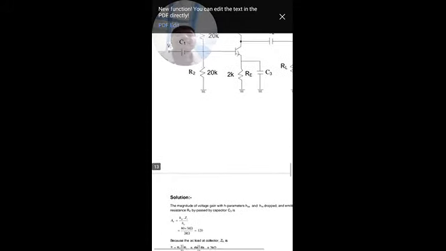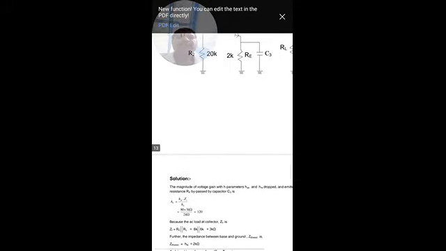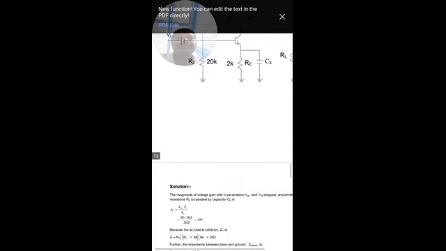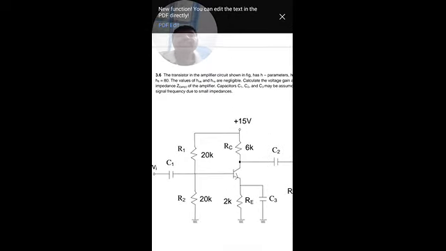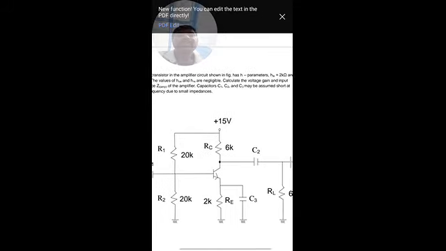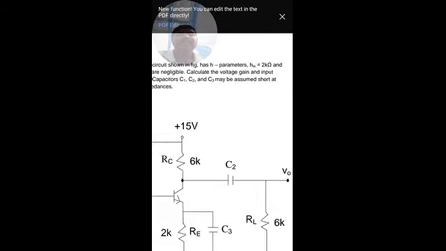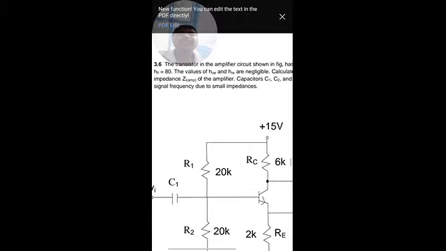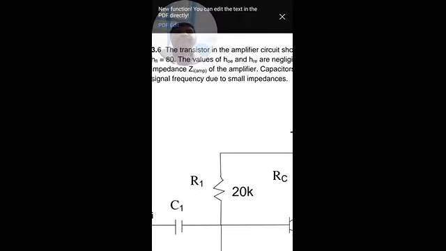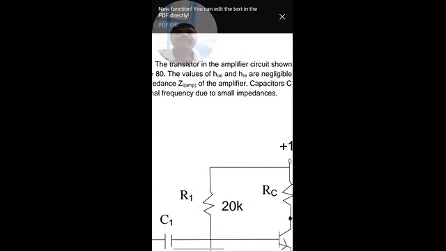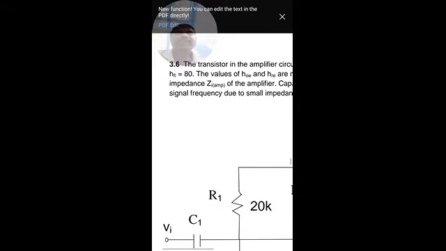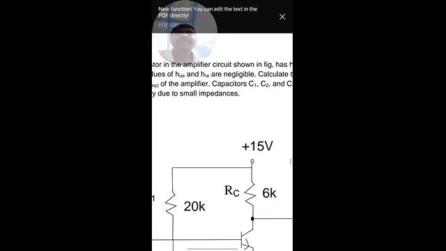So let us consider one more problem. The transistor in the amplifier circuit shown in the figure has H parameters: HIE is 2 kilo ohms, HFE 80, and the values of HOE and HRE are negligible.